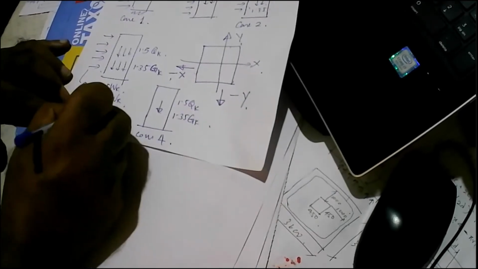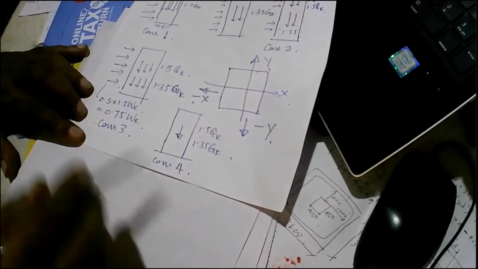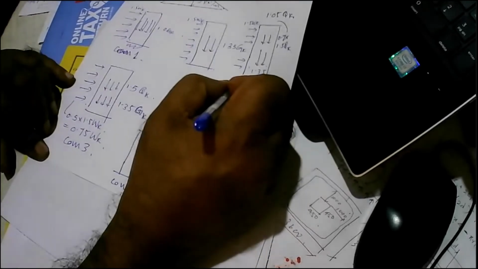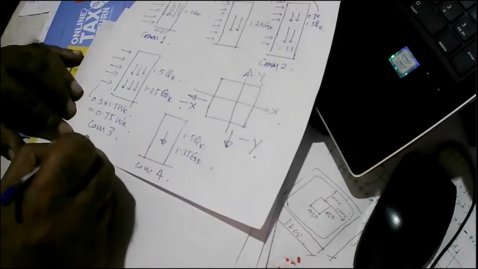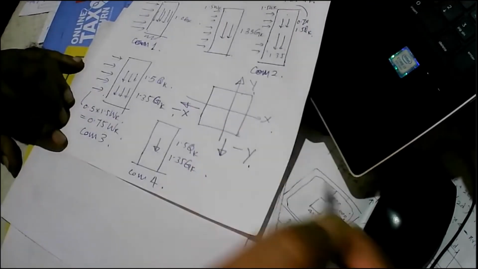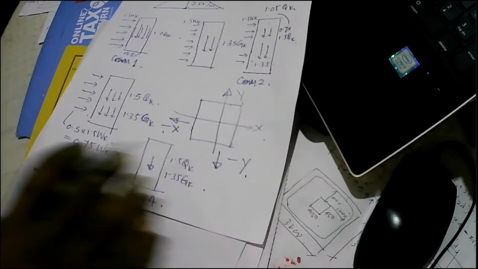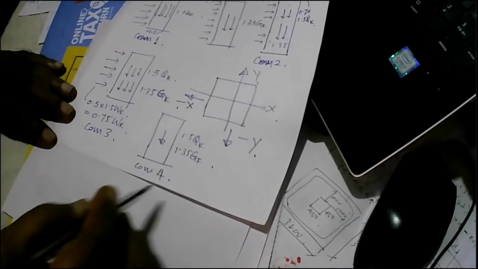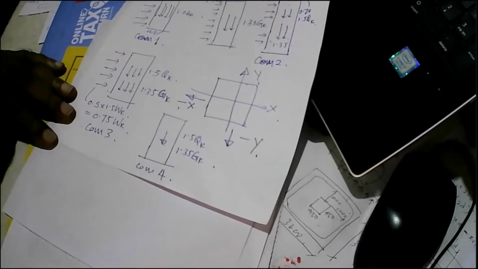So you get combination 1, combination 2, combination 3, combination 4. And each combination will have wind load. If it involves wind load, it will have 4 different cases. But in this case, no such situation because it's only the vertical loads.